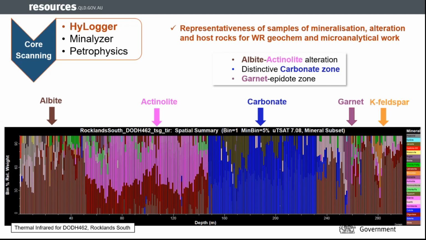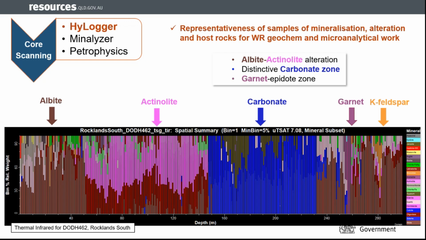Just to emphasize, you've seen already some of this data. This is the HyLogger data for the Rocklands, and it's not only because it's a beautiful example of the HyLogger data, but it's also something we are going to see this afternoon. So in preparation for this workshop, we just emphasize the importance of this data again.